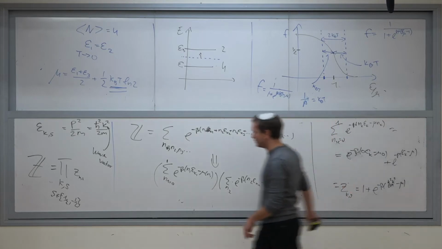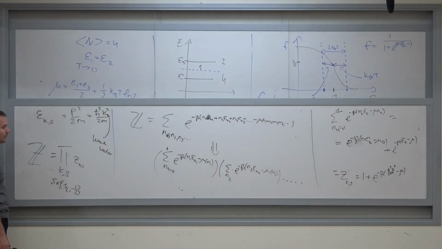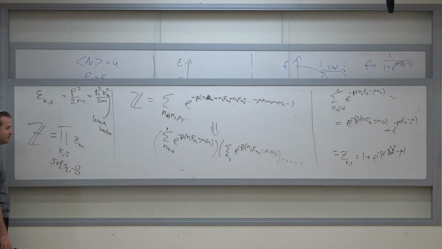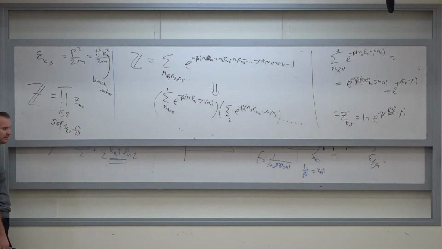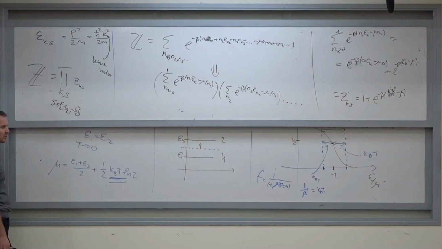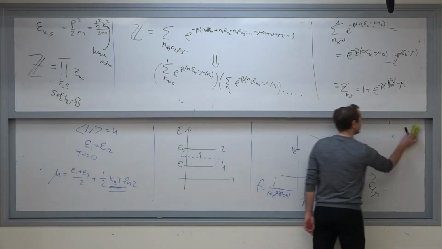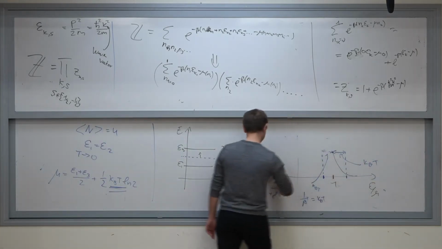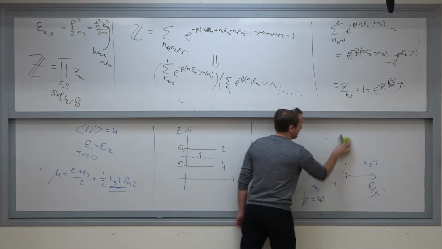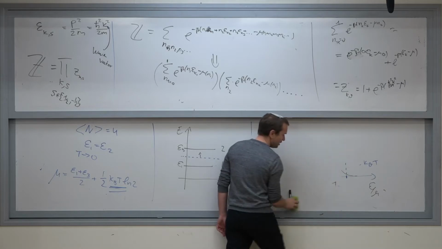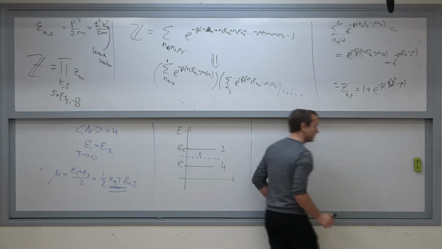Now I can ask myself a question: if I'm taking a very specific k and s, what is the occupation probability of this level? What is the probability that I will have a single electron or a single particle that will have a spin s and energy of h bar squared k squared divided by 2m?